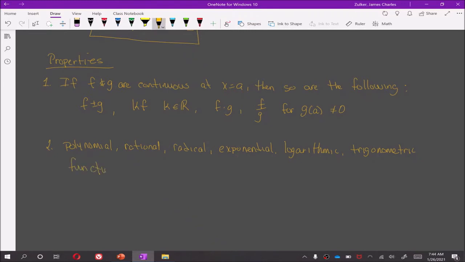So all these types of functions are continuous over their entire domain.